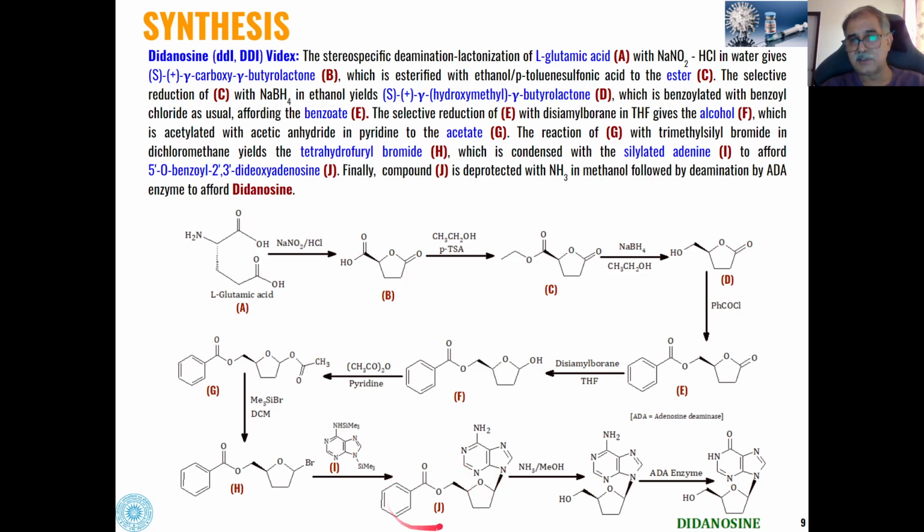Then this benzoyl ester part will be hydrolyzed in the presence of ammonia and methanol to give us again the hydroxyl functional group, and then deamination of this will take place with ADA enzyme, and this will be converted into ketone. So this is how we can convert L-glutamic acid to didanosine.